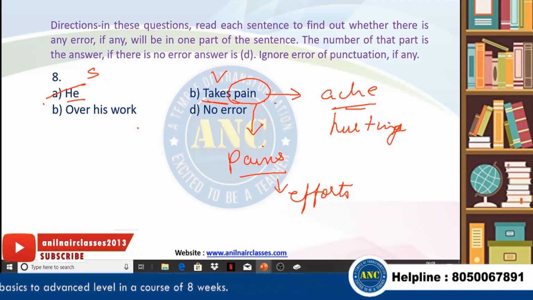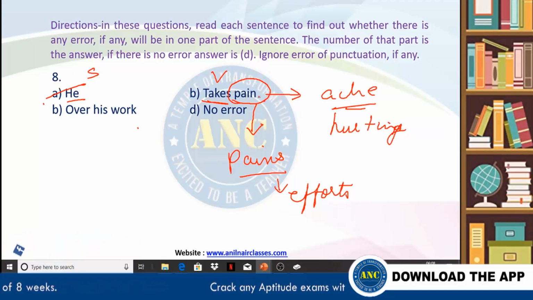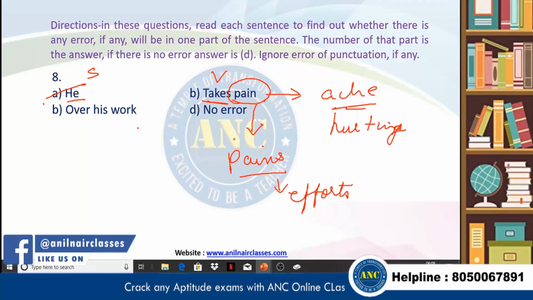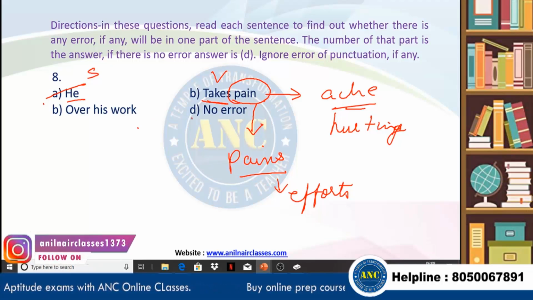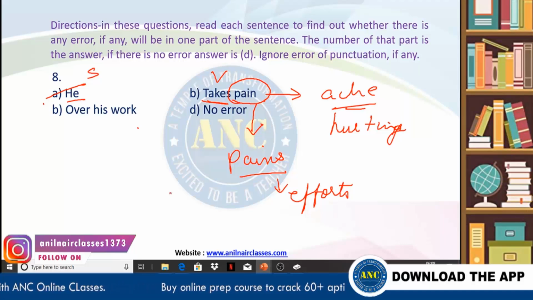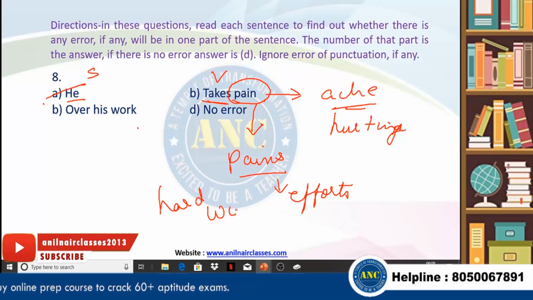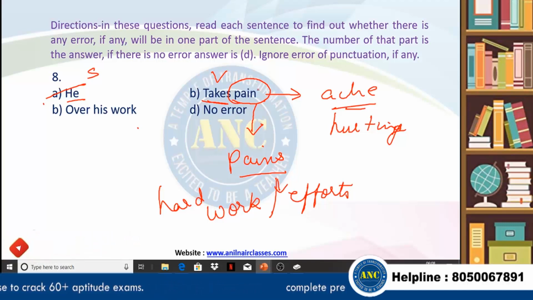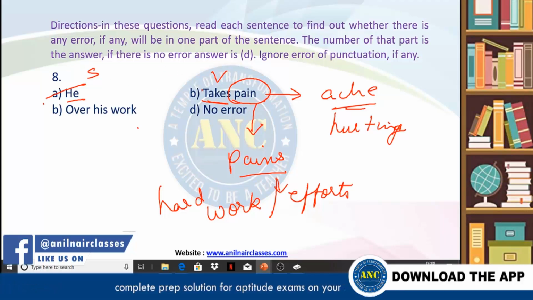If the context talks about aches, body pain, we'll use the singular form pain. But when we are talking about efforts, he takes a lot of efforts over his work, he put in a lot of hard work, we'll use pains. We cannot say pain over here. Remember, please. So our answer will be B.